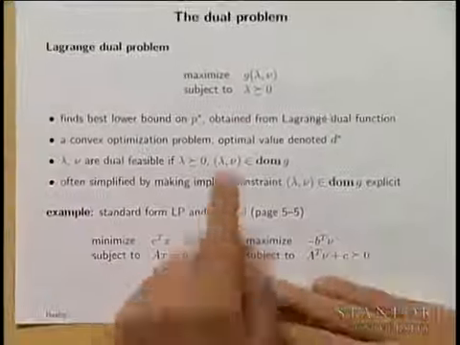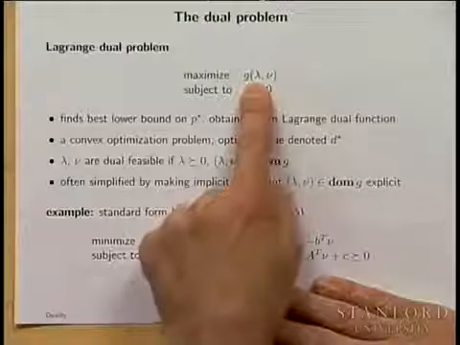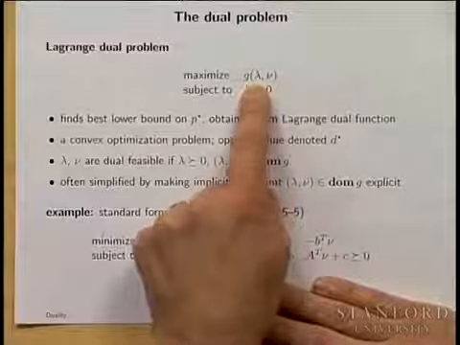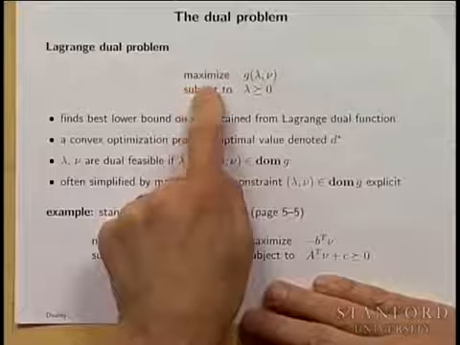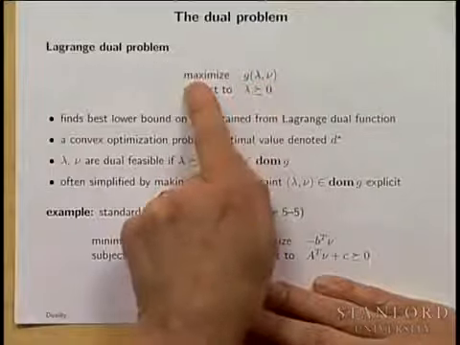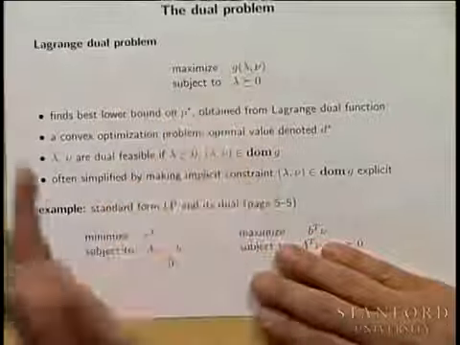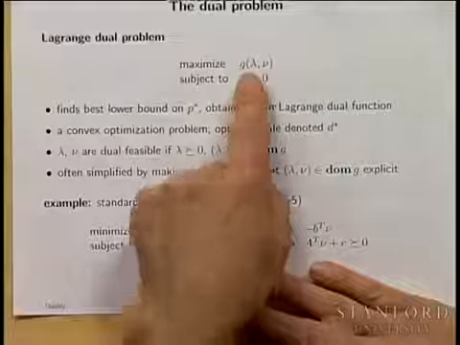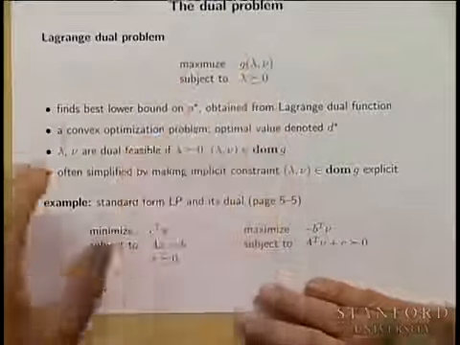Okay, now often what happens is g is minus infinity for some values of lambda and nu. We've already seen that a couple of times. That is not an interesting lower bound. And it sure is not going to help you maximize something. This thing could be minus infinity. That can happen. But the point is it's not an interesting value. So in fact, often what happens is you pull the implicit constraints in g out and make them explicit. Okay?